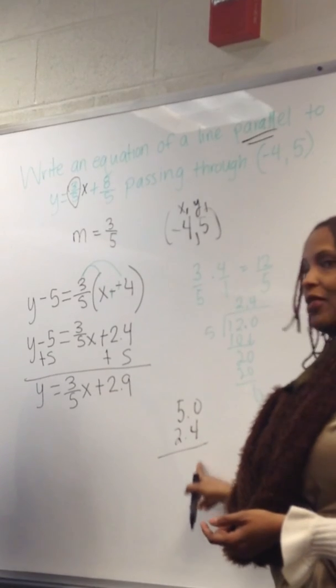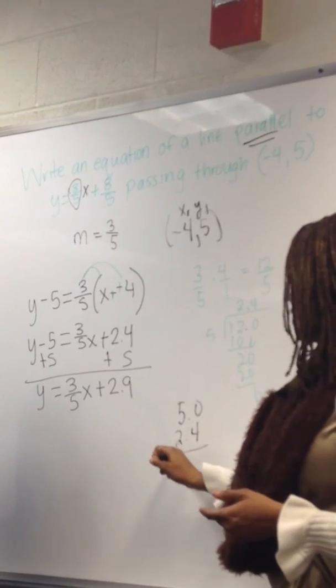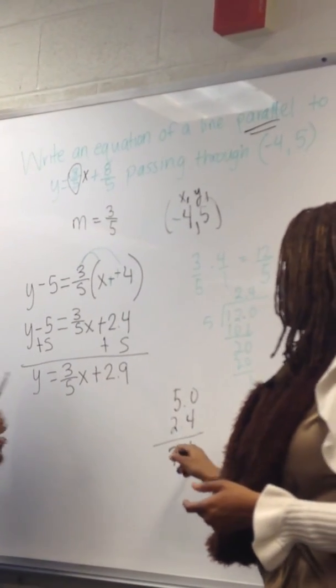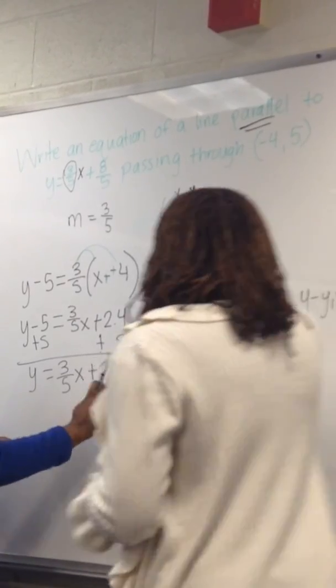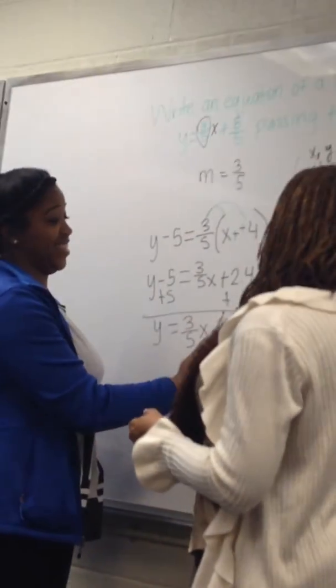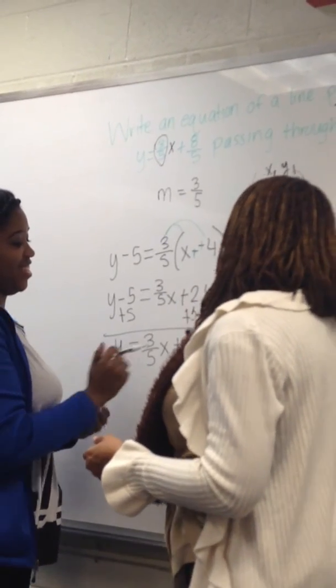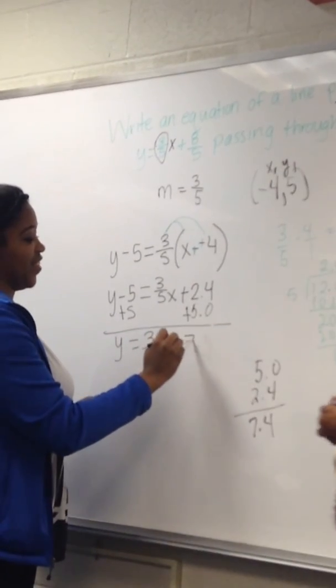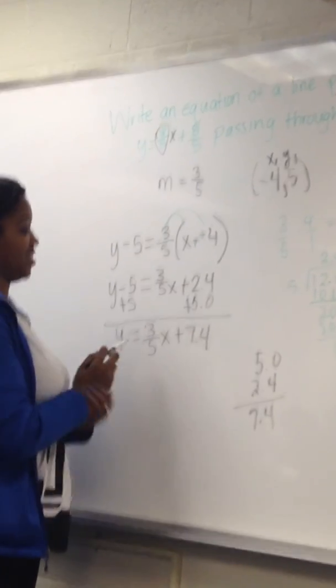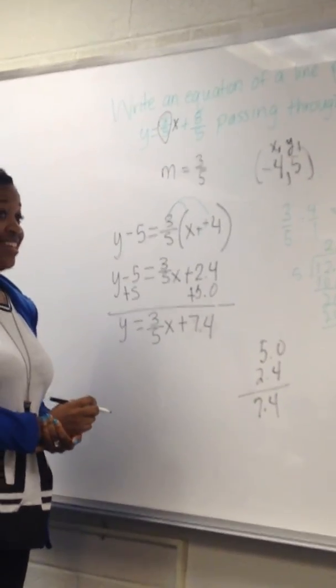You can't put the 5 in the wrong column. So that's 7.4. Really, it should go right there. You can write it as a decimal if you want. So 7.4. I'm done.